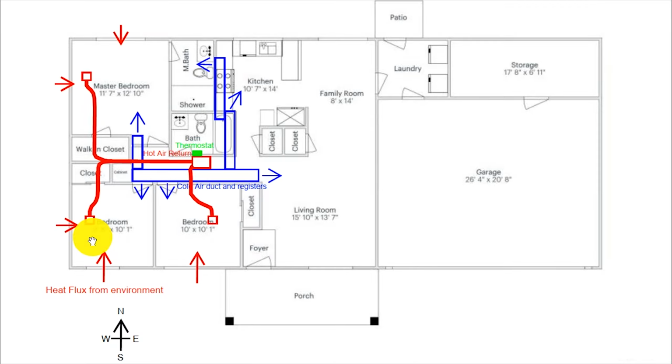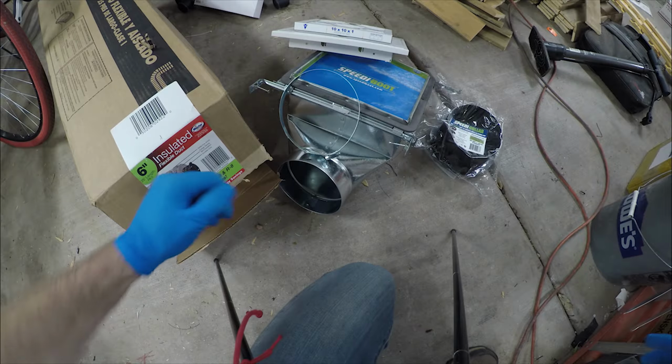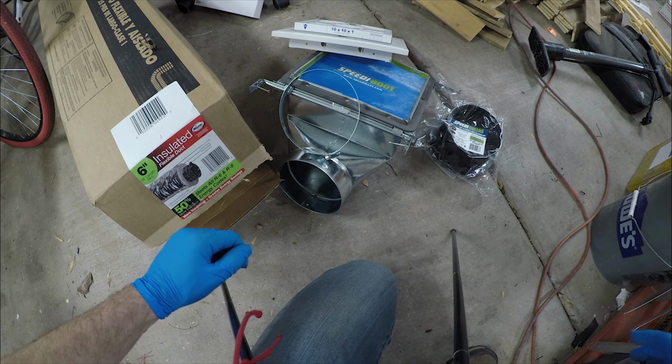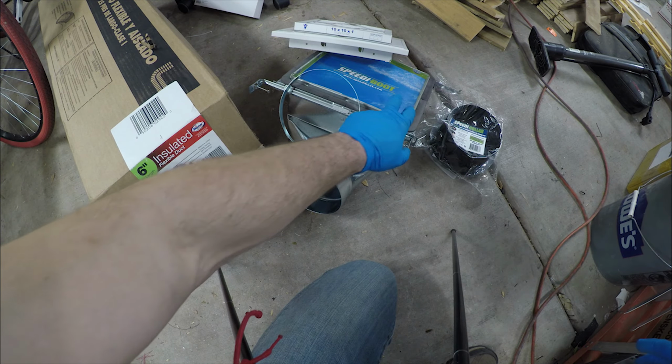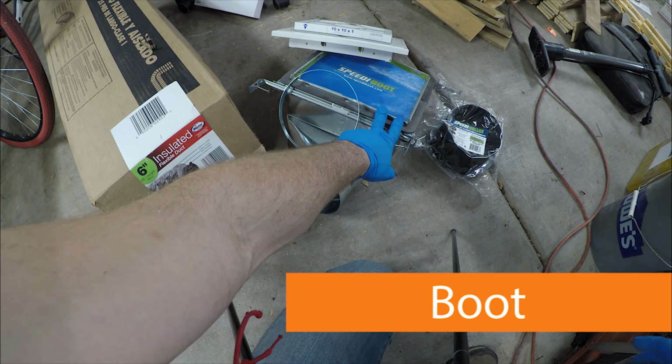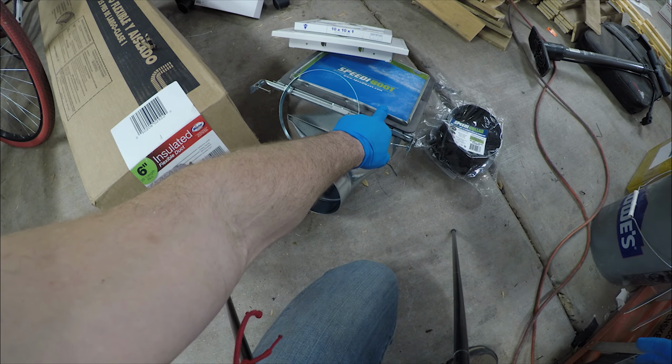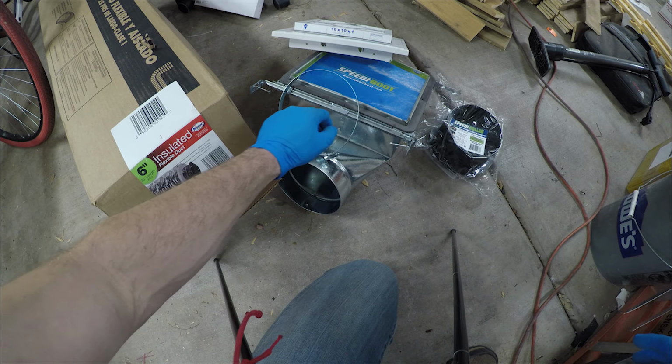Let's move on to parts needed and tools. Okay, to do this job you're going to need a few parts. You will need a Speedy boot, and I really do recommend the Speedy brand rather than a regular boot, and I'll explain why later.